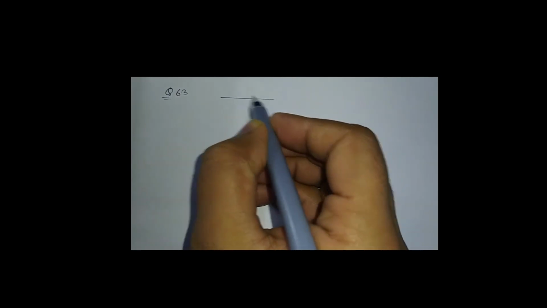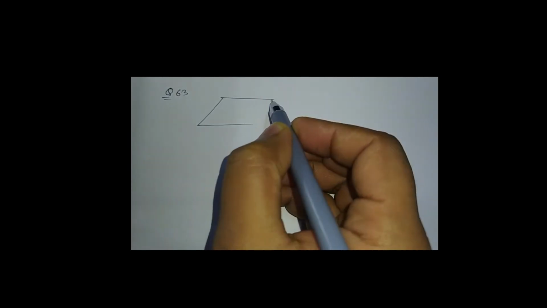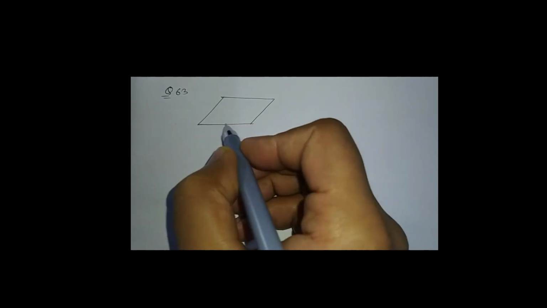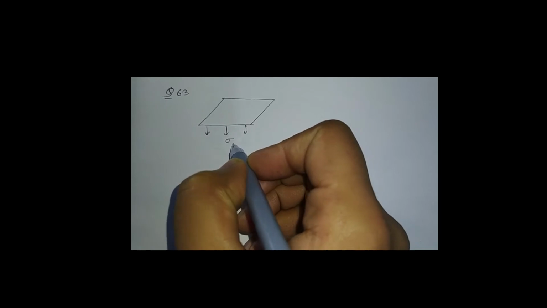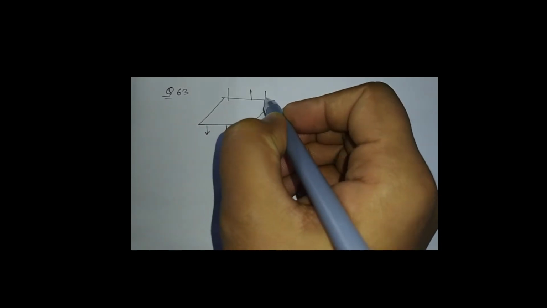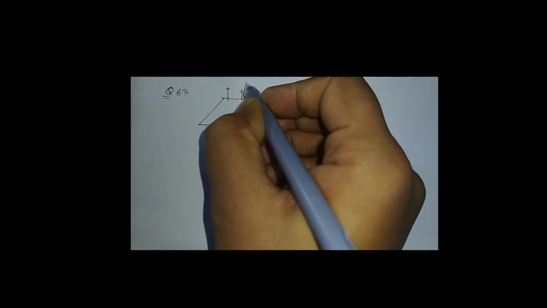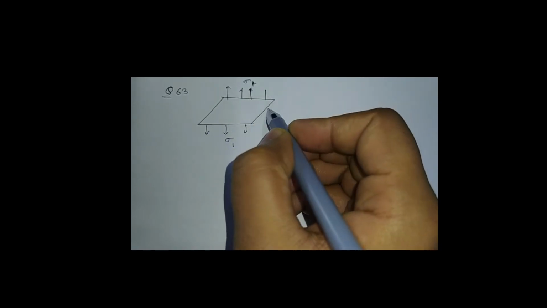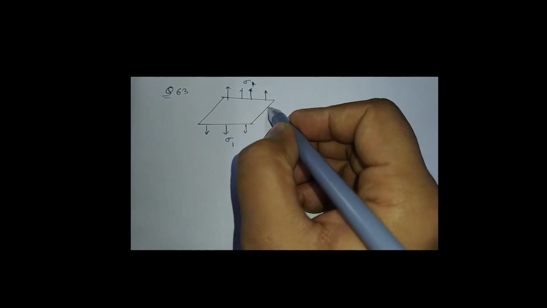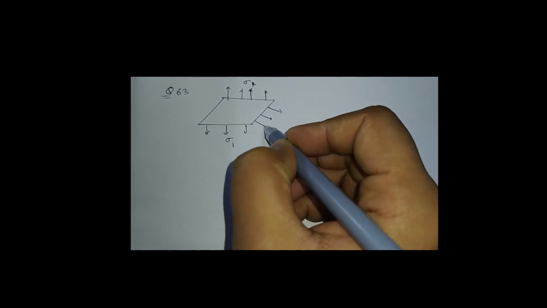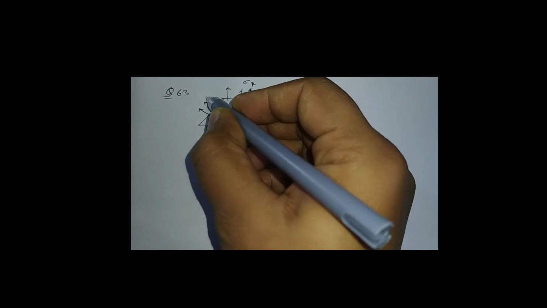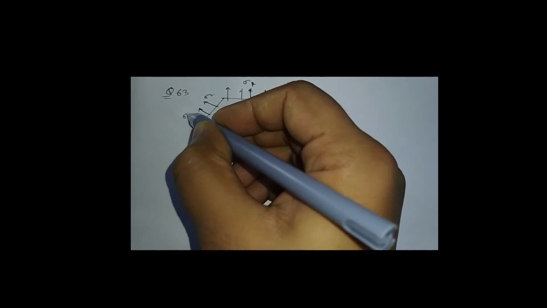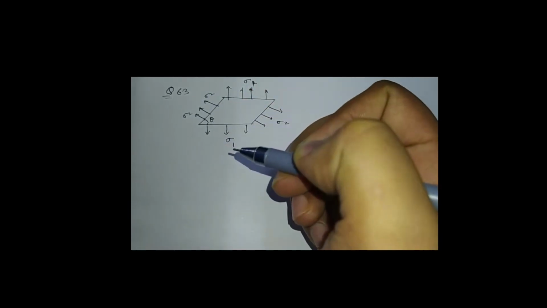Question number 63. A parallelogram is given which is subjected to stresses sigma 1 and sigma 2, at angle theta.